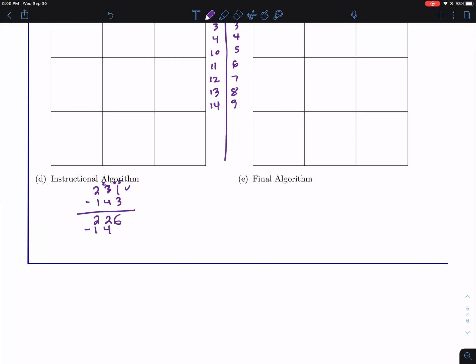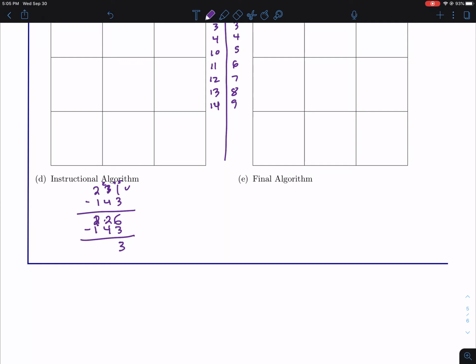So now I can bring my 143 down. In this case, we're subtracting that first column as a base 10 number. So 6 minus 3 is 3. But we're stuck again because we can't subtract 2 from 4. So that means we need to rewrite this guy also.